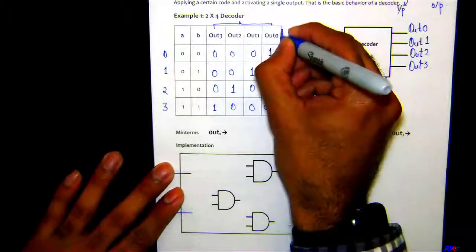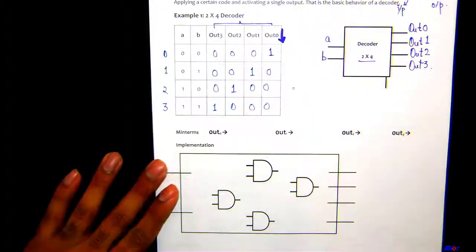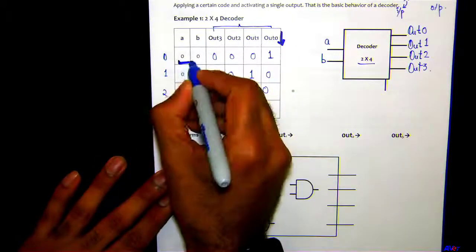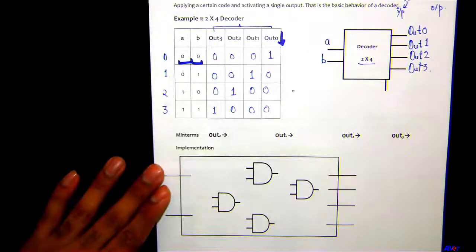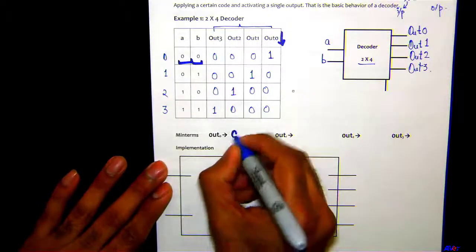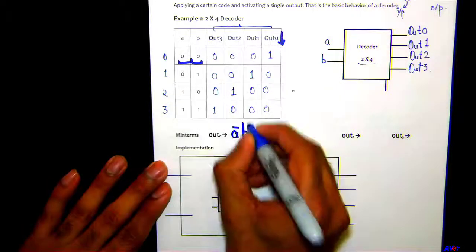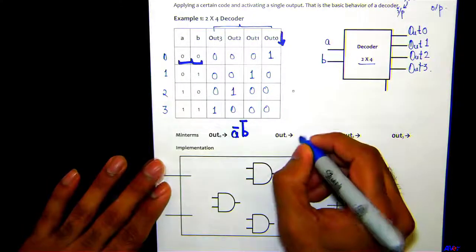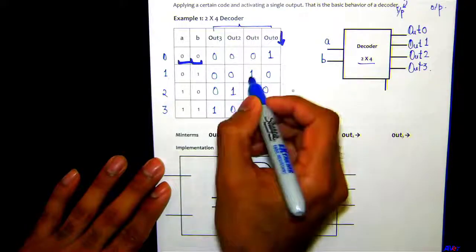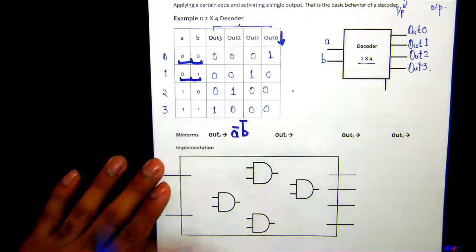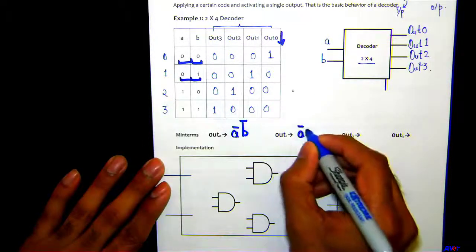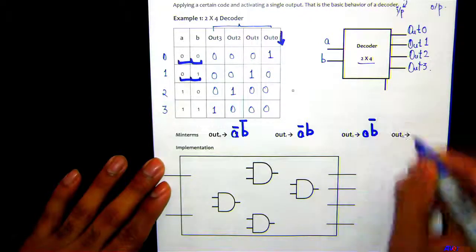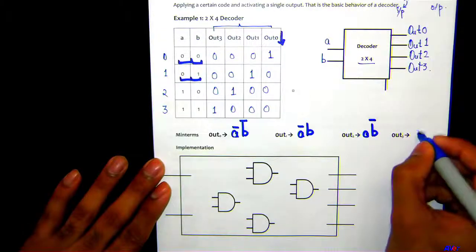How many minterms do we got? We only have one minterm. What would be the expression? A bar, B bar, correct, thank you. What about out 1? A bar B, out 2 is going to be A B bar, and then out 3 is going to be A B.